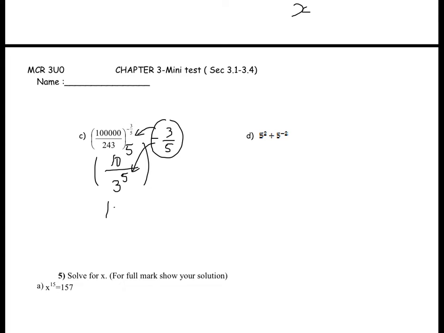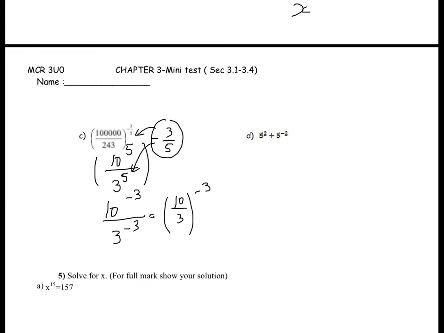So you get 10 exponent 5 times negative 3 over 5, it becomes negative 3, and 5 times negative 3 over 5 is going to give us 3 exponent negative 3. This is the same as 10 divided by 3 exponent negative 3. And this is exactly what we were looking for.